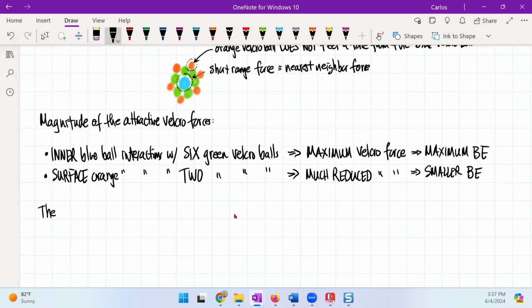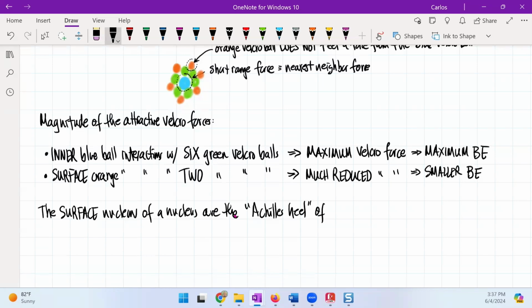The surface nucleons of a nucleus are the Achilles heel of the nucleus. And this is the reason why.